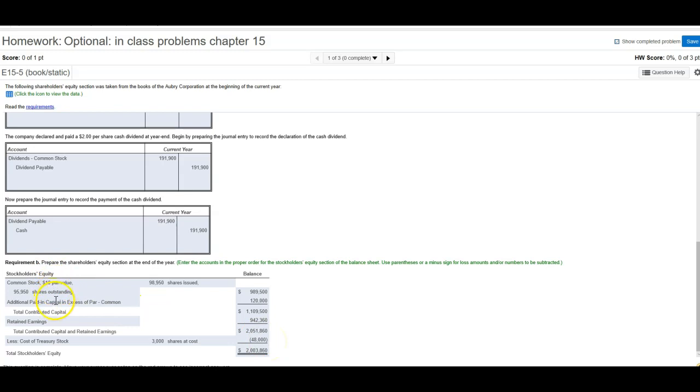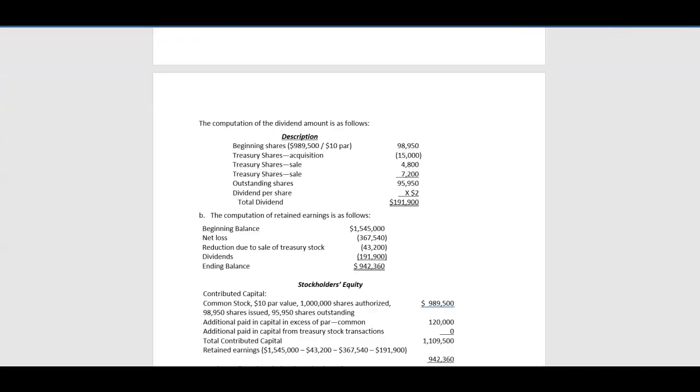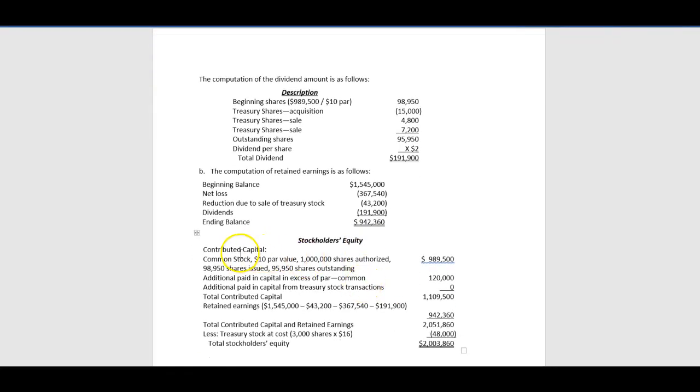Our additional paid-in capital account has not changed, and there is no other APIC from Treasury stock because we wiped out that balance. We have our new retained earnings balance, and I'll show you the computation for that. Again, this is available to you. We have a beginning balance. We show the loss.